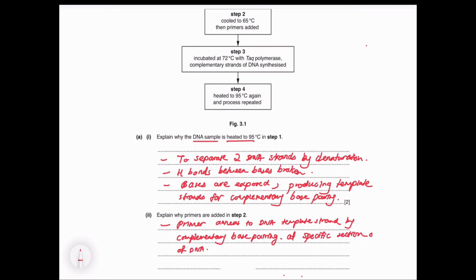So now we are focusing on the 2 main roles of the primer. Why is it necessary? Another point here, we will say that DNA polymerase only attaches to double-stranded DNA. And another main role is that when your primer is added, it prevents the DNA from forming hydrogen bonds again.